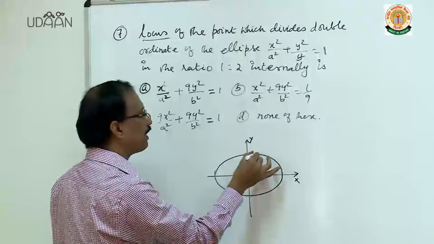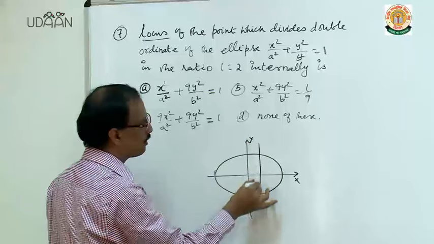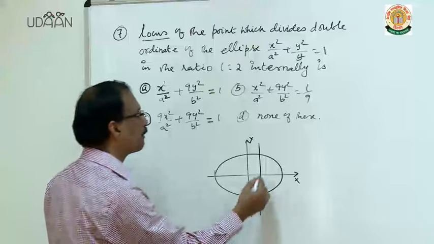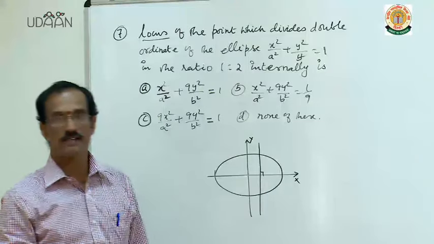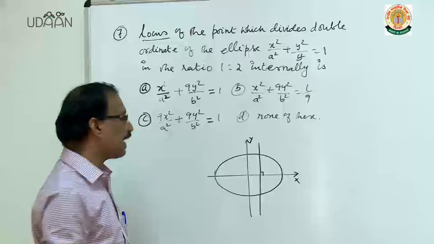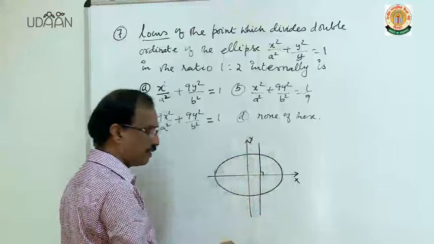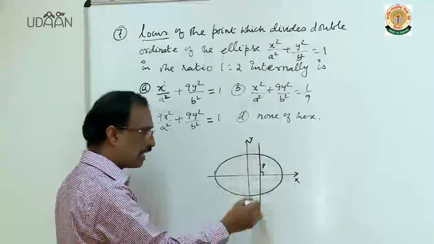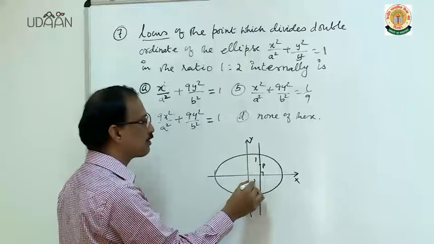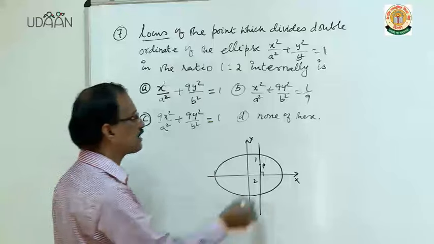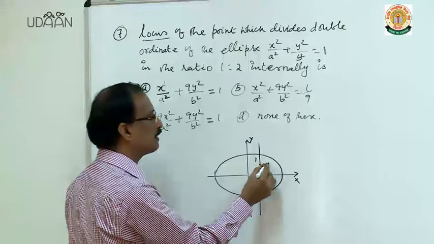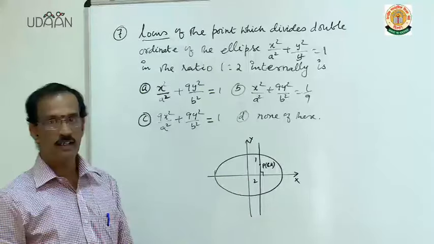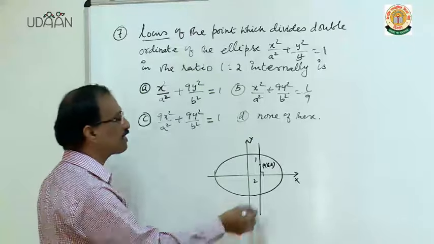Double ordinate means a line drawn parallel to the y axis, perpendicular to the axis. Now we have this line. A point P is dividing this line in the ratio 1 is to 2. Let us take this point as (h, k).